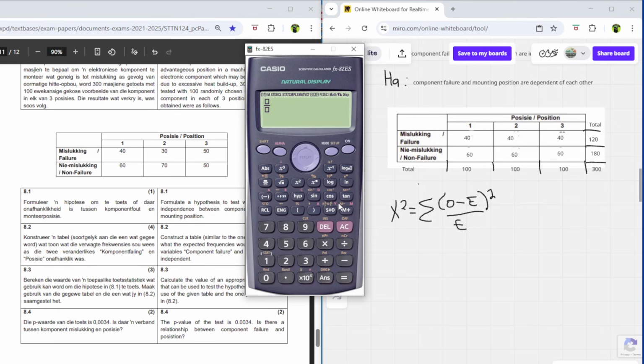The second one is 30. I also want to save space because the calculator doesn't write that many numbers together.